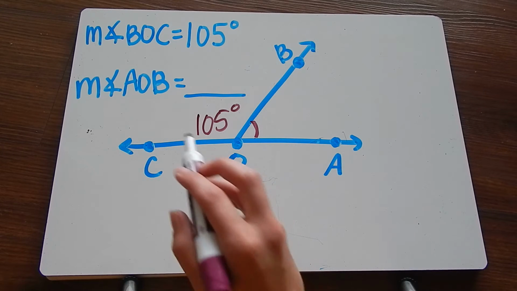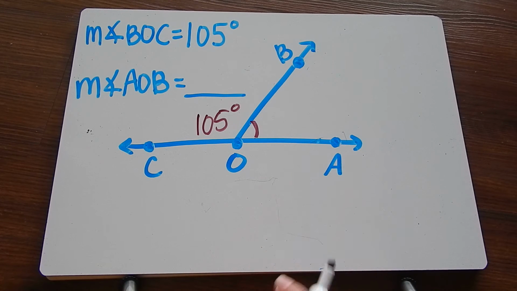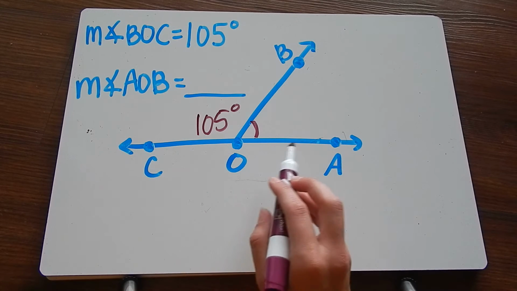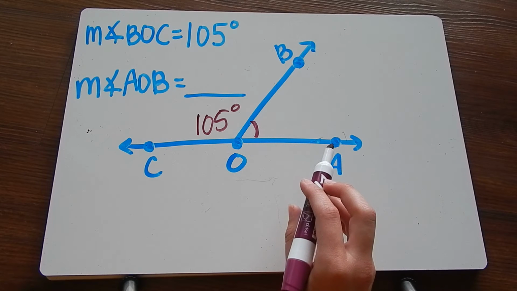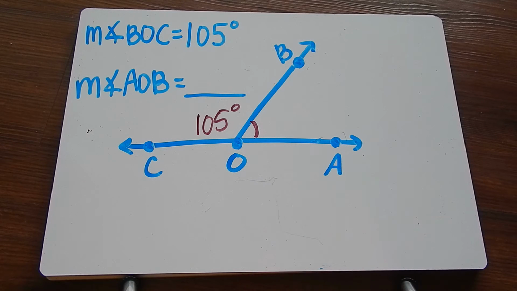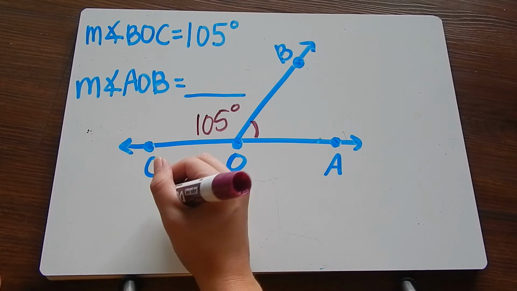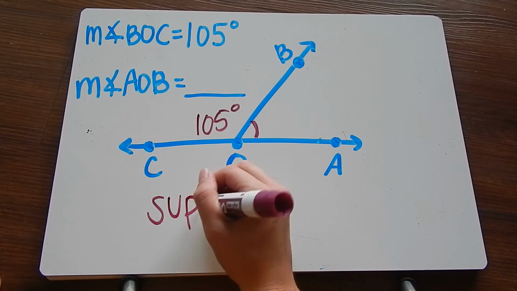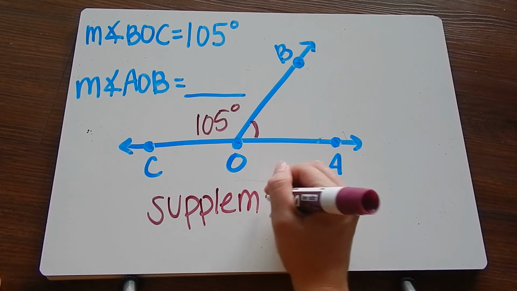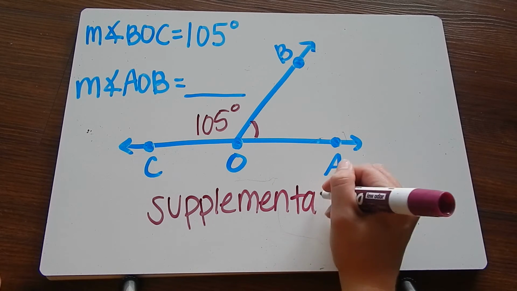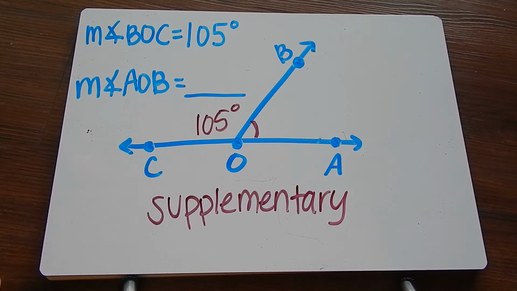Well, it doesn't give me the entire thing, so it's a little bit hard to figure out AOB. However, I can see that this is a straight line, and straight lines have an angle measure of 180. So these two angles are called supplementary angles, because when you add them together you get 180.